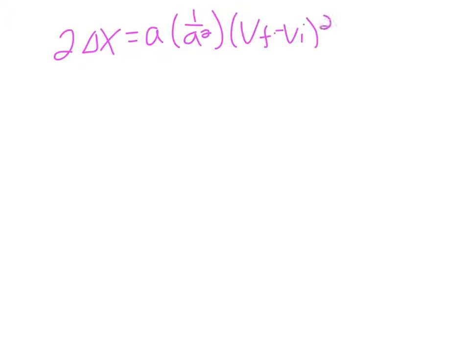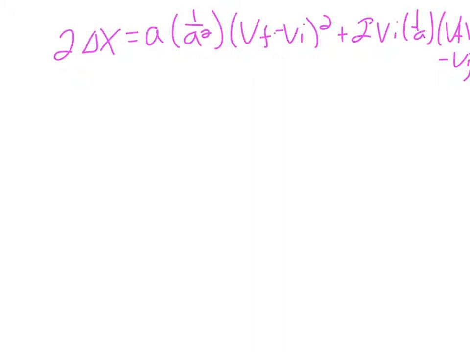So I'm going to now rewrite the right-hand side of the equation, factoring out the 1 over a's from both sides. So this equals a times 1 over a squared (v final minus v initial) squared plus 2 v initial times 1 over a (v final minus v initial). Sorry for running out of room there.